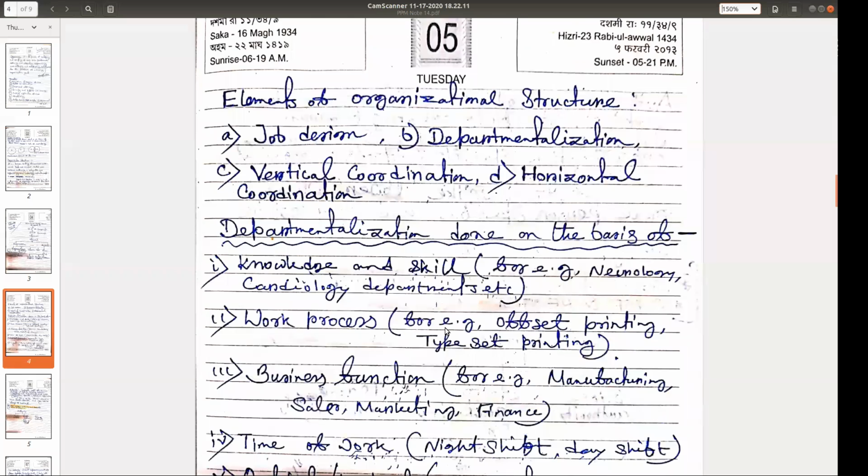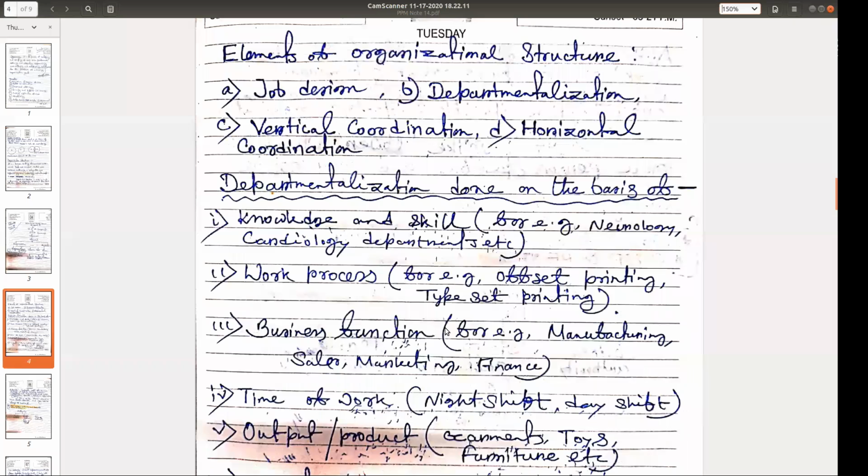Next, departmentalization can be done on the basis of different aspects, like our knowledge and skill. People with different knowledge will be in different departments, and people with the same skill and same knowledge will be put into the same department. This can be one basis. Next, working process or working procedure may be another basis.